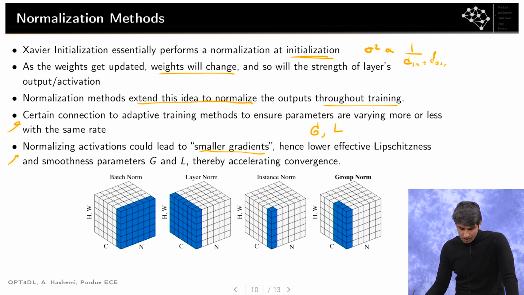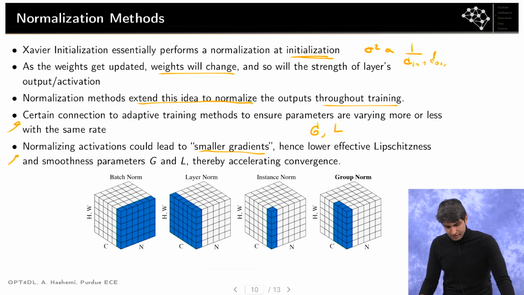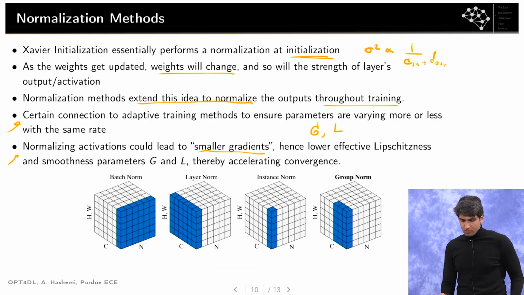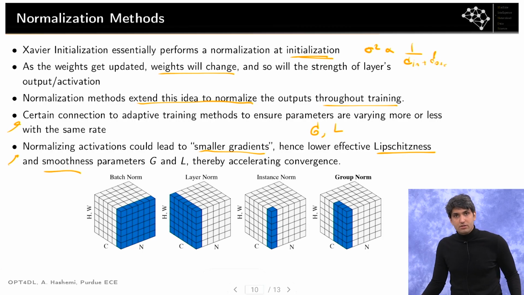Now, normalization could lead in certain scenarios, not in all scenarios, to a smaller gradient. Effectively, we are lowering the Lipschitzness and smoothness parameter of our loss function. So we are improving the landscape of the loss, and therefore we could converge faster.